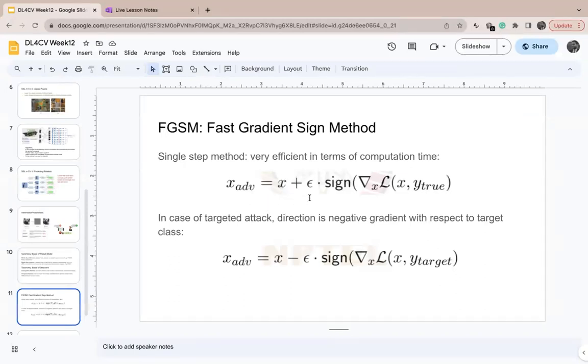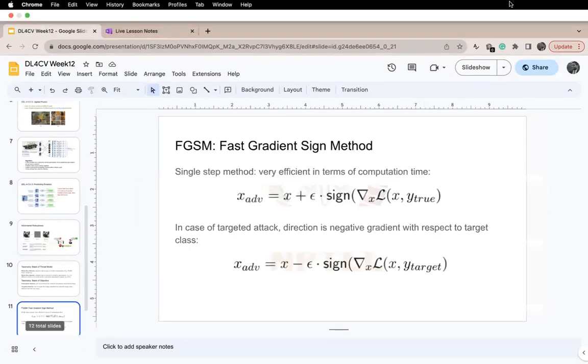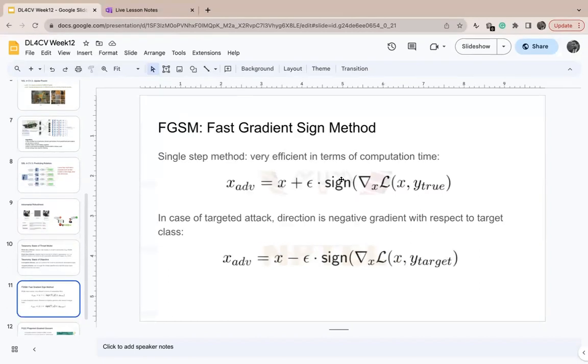Okay, so if you put that in a formula, your X adversarial equals the original image X, then you go in the direction of the gradient, not the opposite. So you do a plus, and you take the sign of the gradient. So you take the gradient of the loss with respect to X, where the loss is between X and Y true, and you take the sign of it.